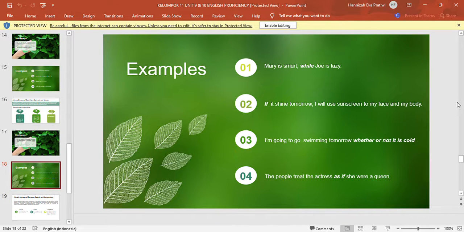For example, one, Mary is smart while Joe is lazy. Two, if it's sunny tomorrow, I will put sunscreen on my face and my body. Three, I'm going to go swimming tomorrow, whether or not it is cold. And the last, four, the people treat an actress as if she were a queen. Thank you.